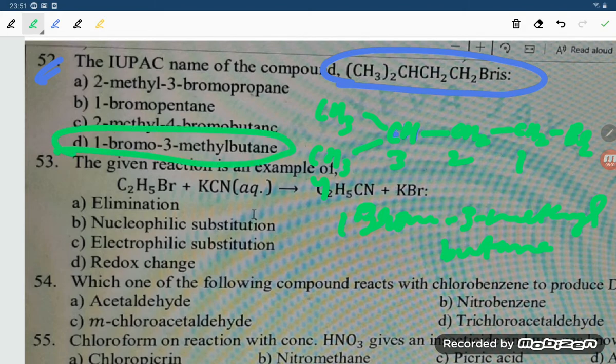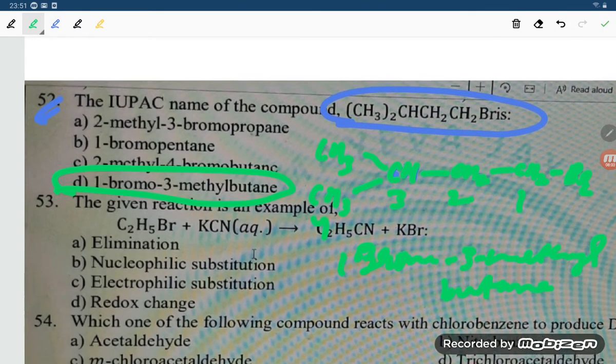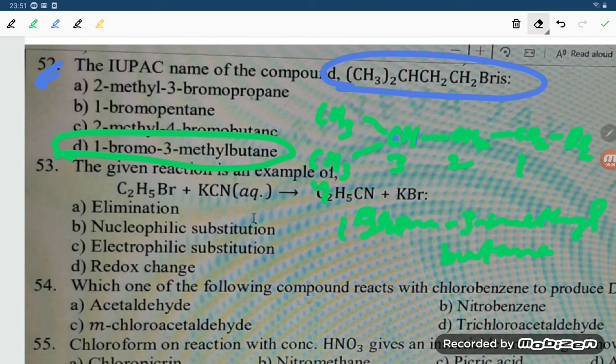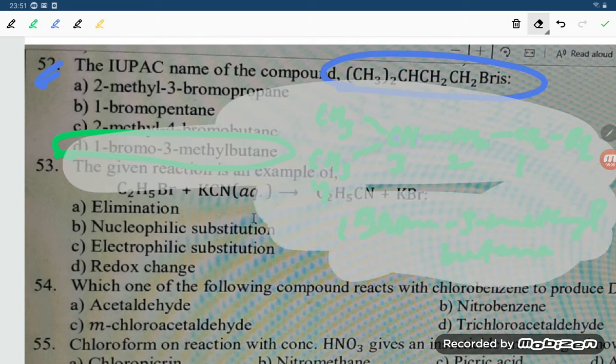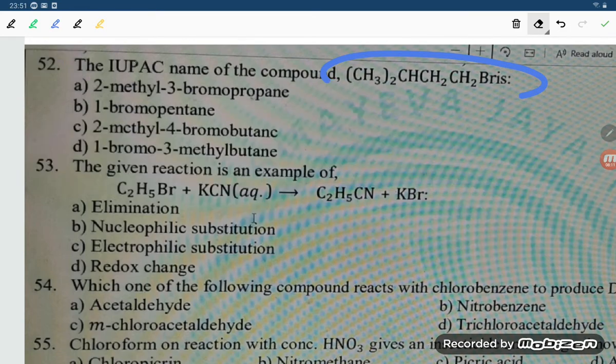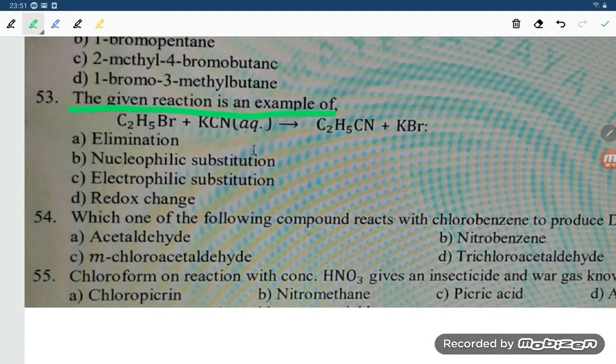Now let us move to another question, problem number 53. What could be our answer here, student? Problem 53 is saying the given reaction is an example of what?